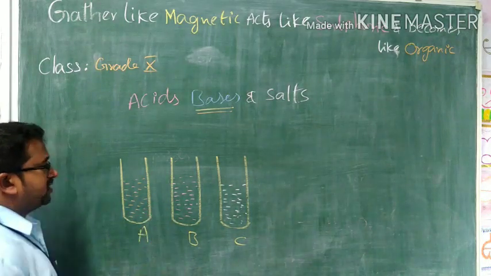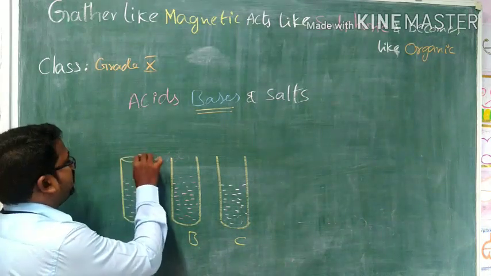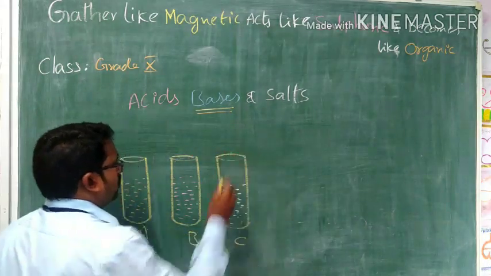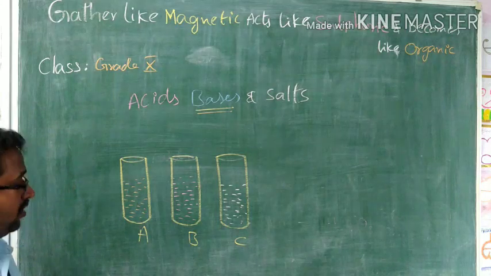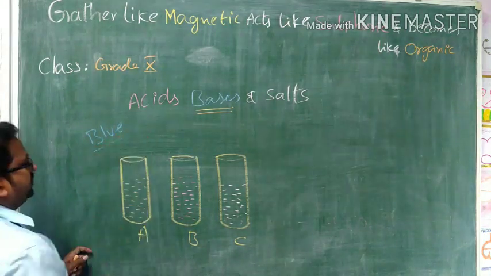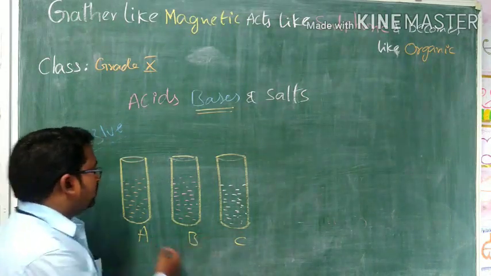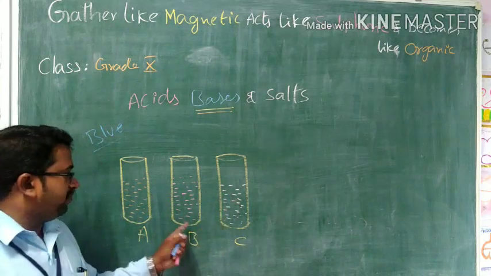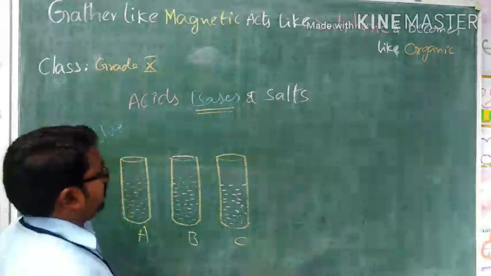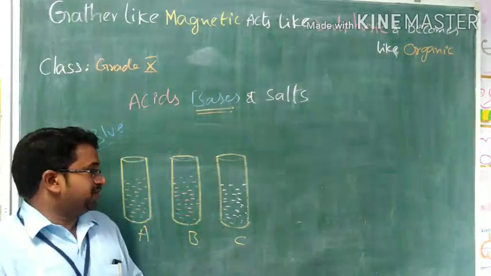So the question may be asked like this: three different solutions in three different test tubes, and only one litmus paper is given. Only blue litmus paper is given. With the help of this blue litmus paper, we have to identify the nature of the solutions A, B, C. Okay, so already you learned the content. What is the color of the different indicators in different solutions?